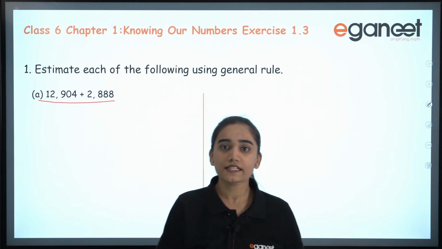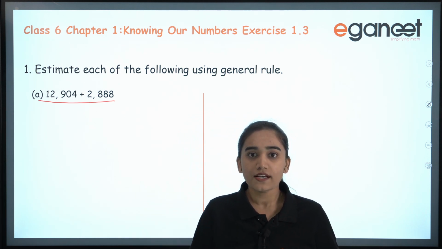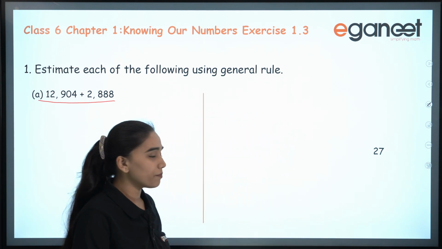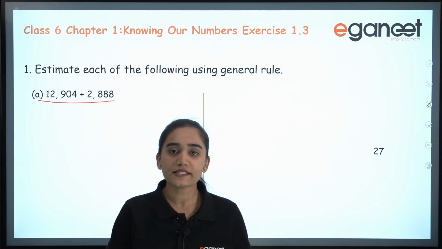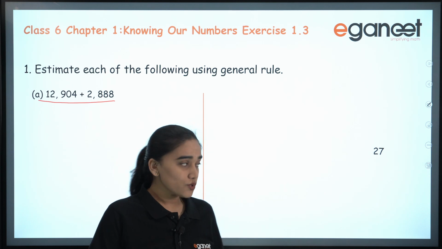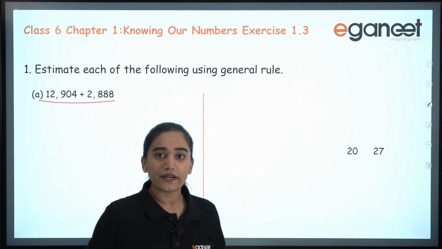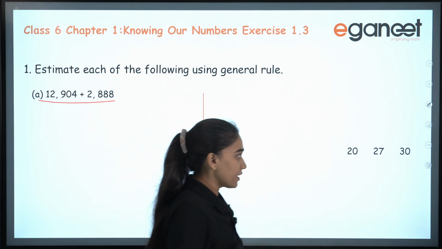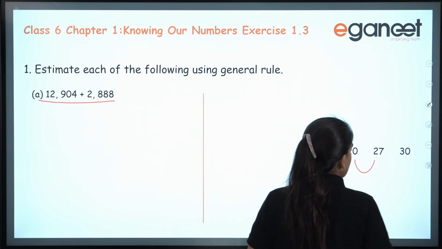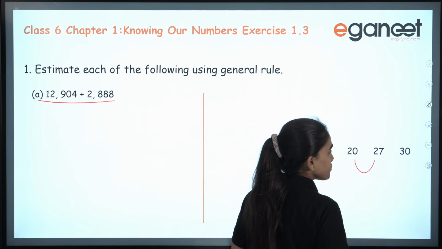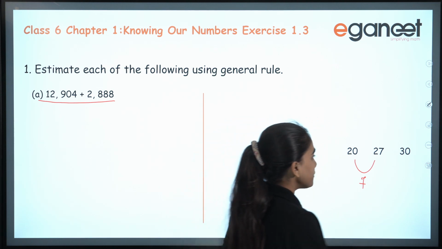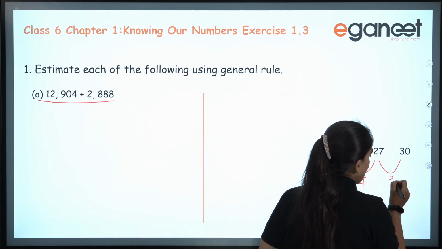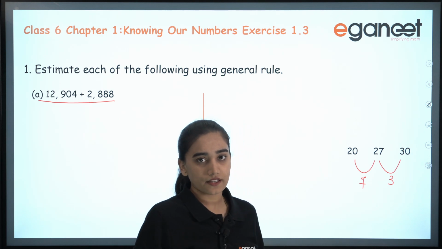So let us first understand the concept of rounding off. Suppose here I have considered the number 27. Now I need to round off 27 to its nearest tens. So I am having two options. One is 20 and the other one is 30. Just by observing clearly, we can say that the difference between 20 and 27 is 7, and the difference between 27 and 30 is 3.